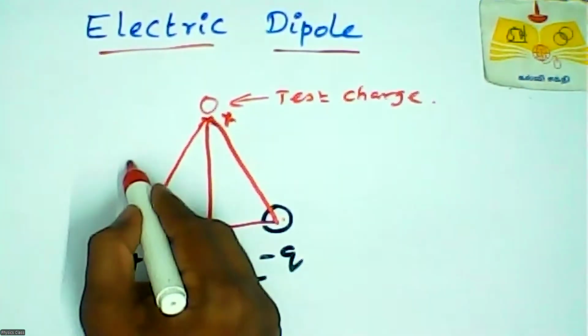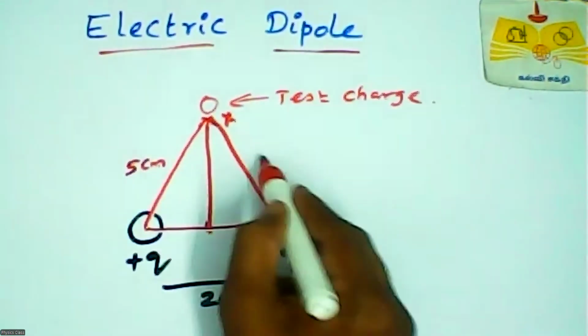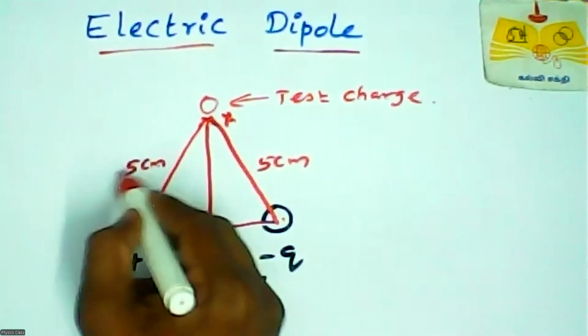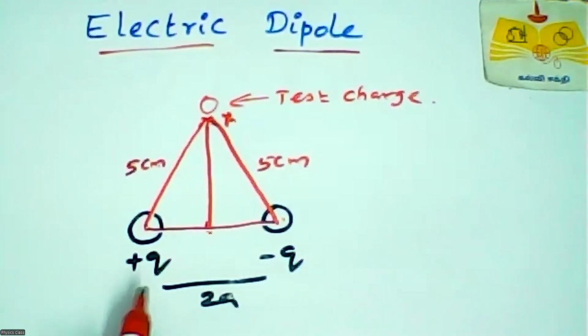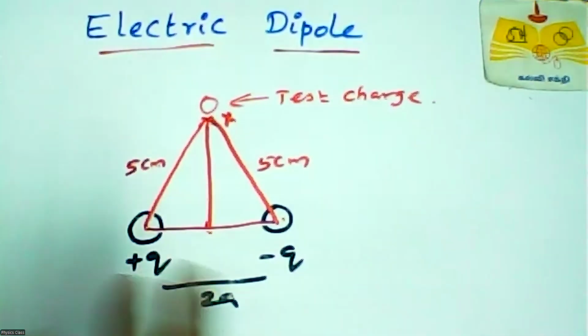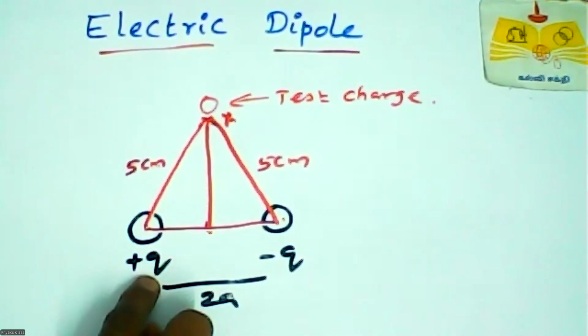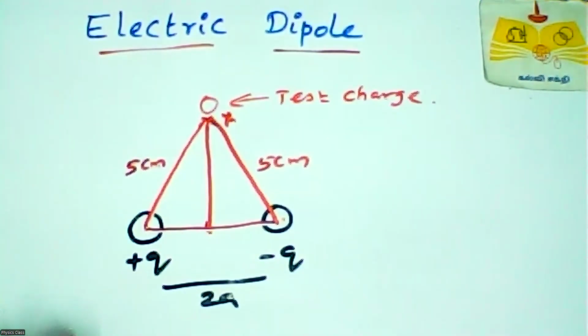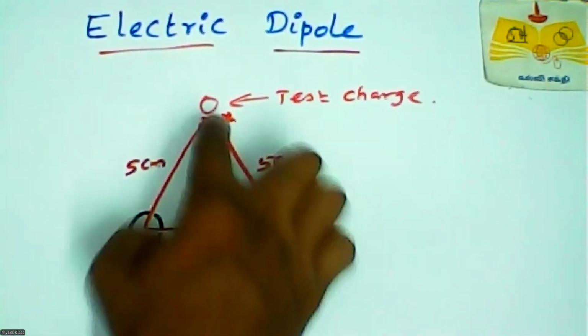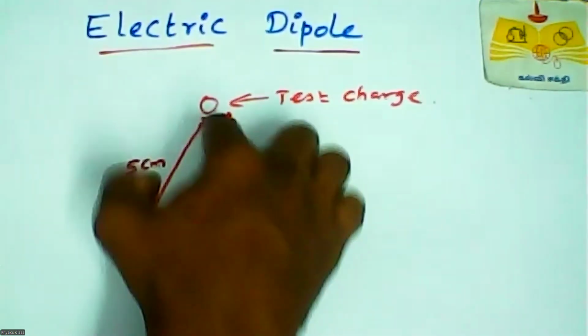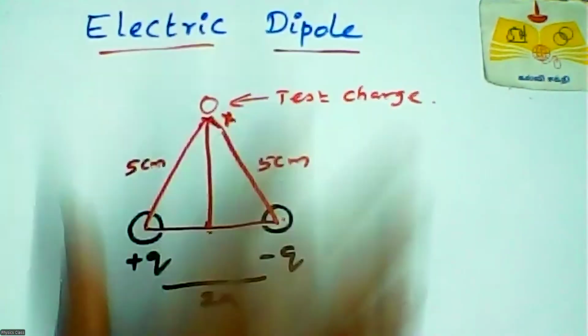So for example, this is 5 centimeter, this is also 5 centimeter. This is 6 centimeter, this is also 6 centimeter. So this is for the equatorial line. Equatorial line is a line passing through the center of the dipole. And here plus q and minus q, the distance from this point to this charge or this point to this charge is always the same.